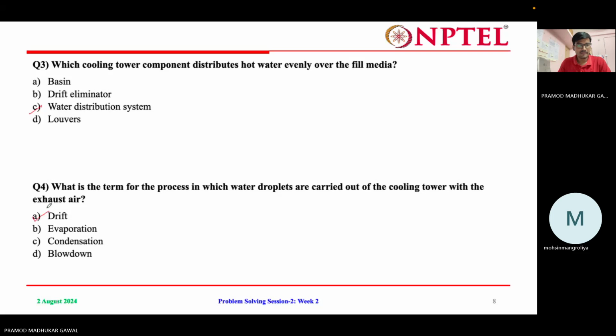Here is the water distribution system. Here is the drift. The purpose of the drift is to carry out the water droplets with the exhaust, humid air.